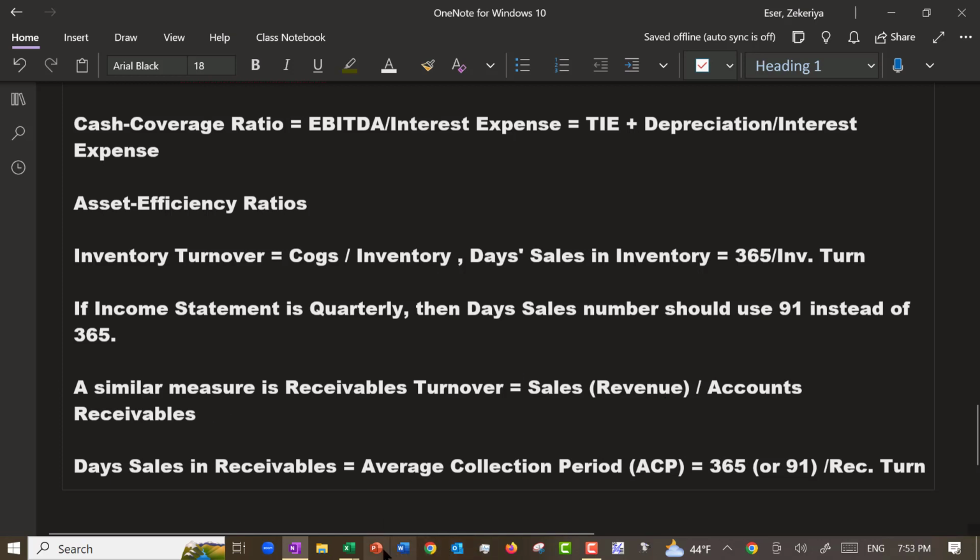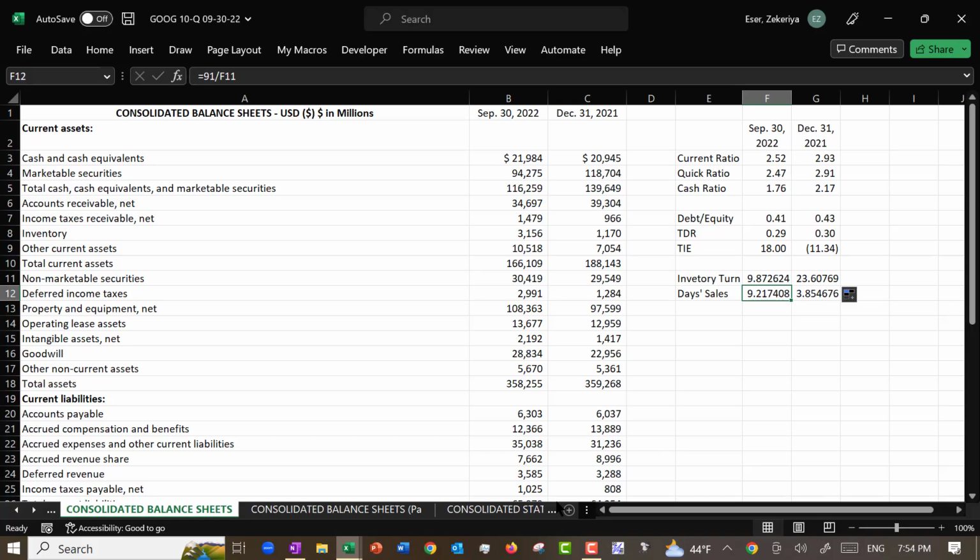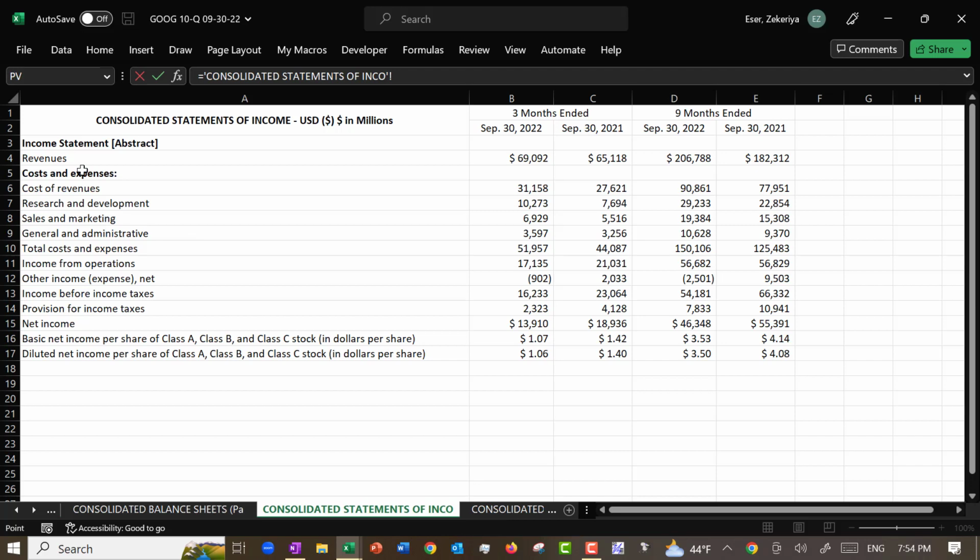So let's get receivables turnover and ACP. Revenues divided by accounts receivable.